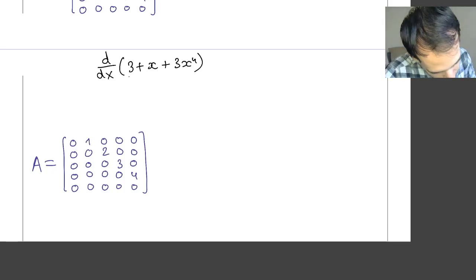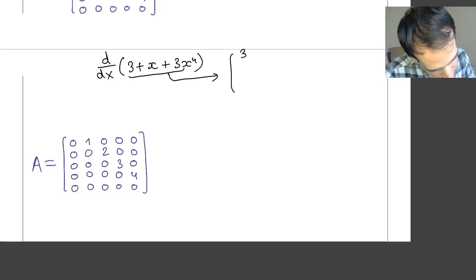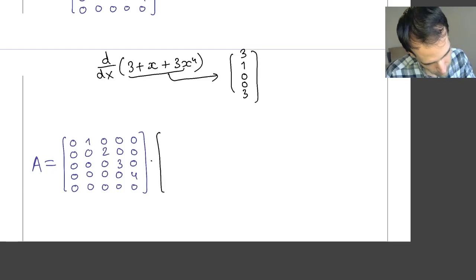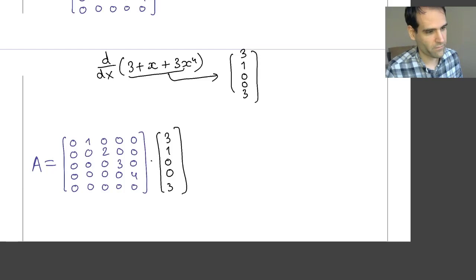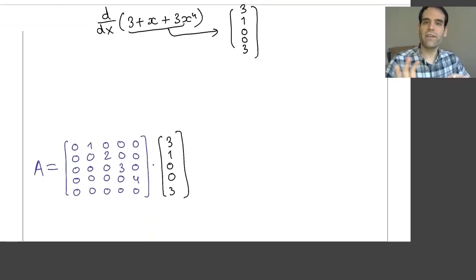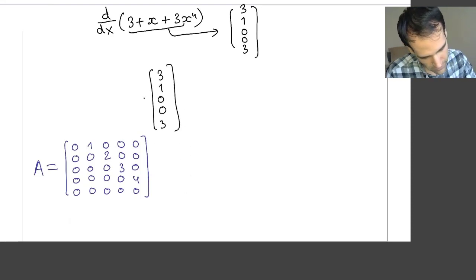So this polynomial can be written as a vector, right? And what vector is it? This is the vector 3, 1, 0, 0, 3. So we are going to multiply A times this vector. I'm going to use the visual trick for multiplication of moving the vector up here.